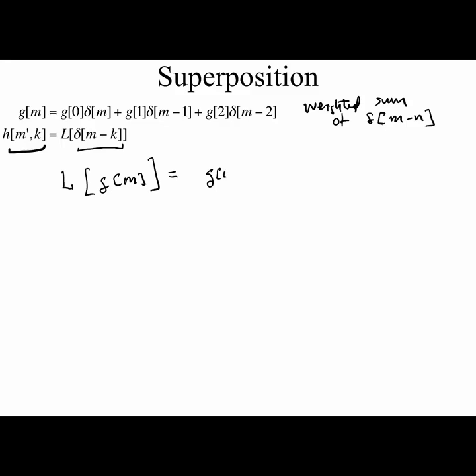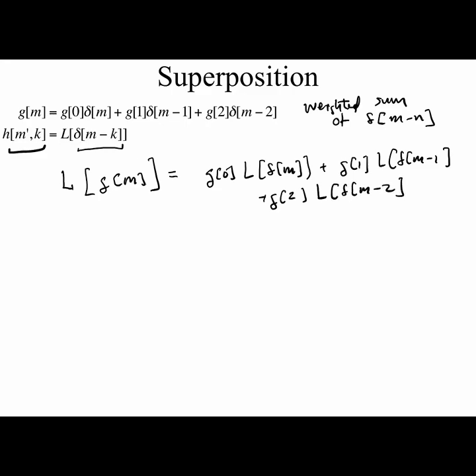So it's g of 0 times L of delta m plus g of 1 times L of delta m minus 1 plus g of 2 times L of delta m minus 2.